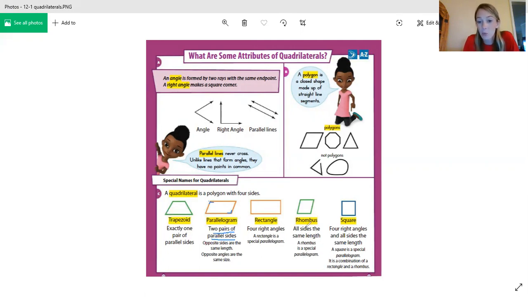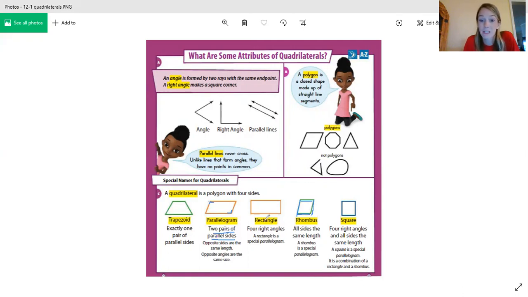The reason why a rhombus is a parallelogram is because the opposite sides are parallel, and it has 2 pairs of parallel lines. Now, a rhombus has to have all equal sides, okay? Can a rhombus be a rectangle?